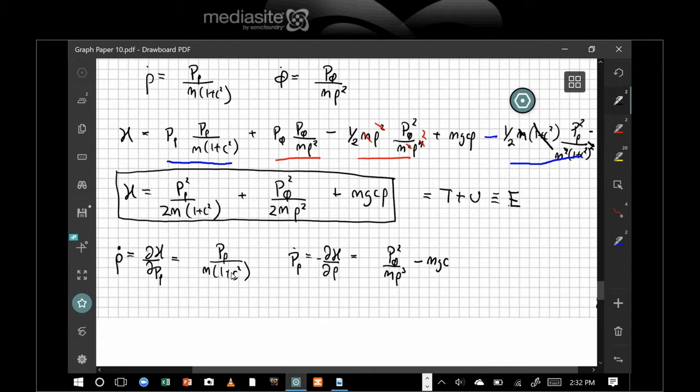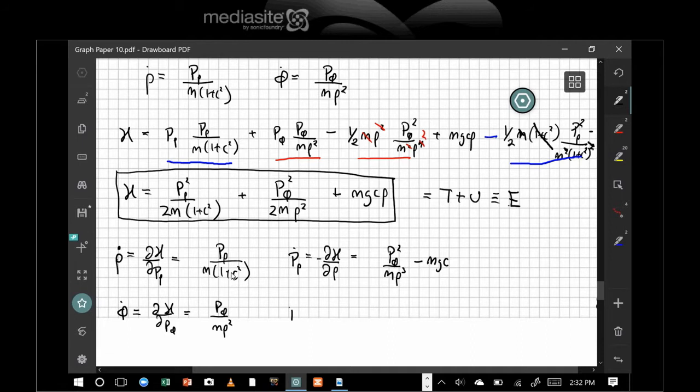All right. Now that's for rho. Now for phi, we can say that phi dot is equal to partial H with respect to P sub phi. Okay. Well, that just gives us this equation here, which is the angular momentum.